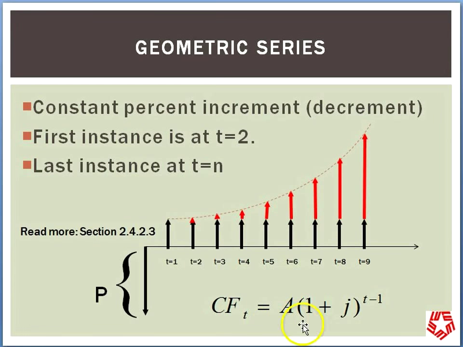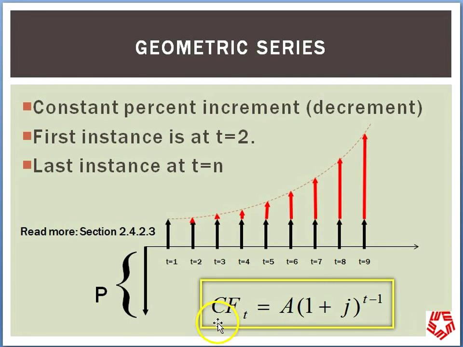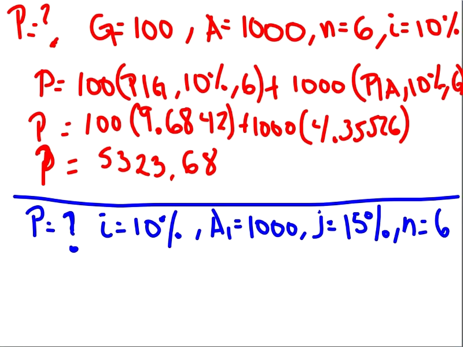We also need to check here that the cash flow at any particular instance can be computed based on the first annuity times (1 plus j) to the t minus 1, because everything depends on the first annuity. So let's consider a geometric series with the following parameters. The interest rate is 10%. The first annuity is $1,000. The geometric series increases by 15% each period, and there are 6 periods.